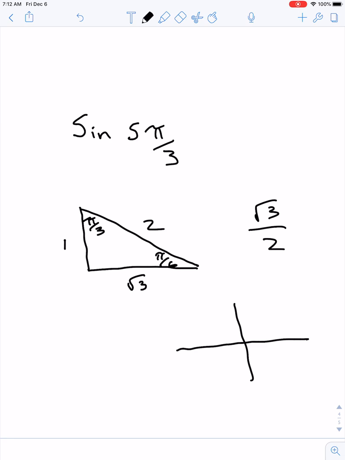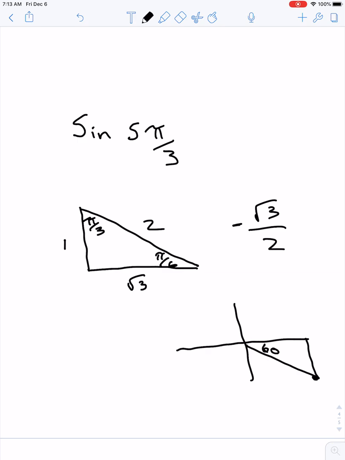So 5 pi over 3 is the same as saying 5 times 60, so 300 degrees. So that lands here on our unit circle, which gives us a 60-degree reference angle. Okay, so in this quadrant, sine is negative.